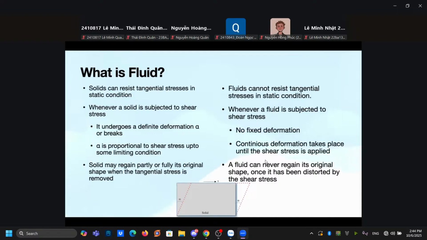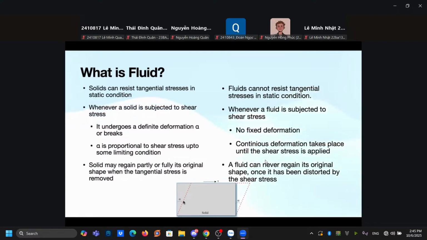When we compare solid and fluid, solid can resist tangential stress in static condition, but fluid cannot resist tangential stress in static condition. Whenever a solid is subjected to shear stress, it will undergo a definite deformation alpha or break.